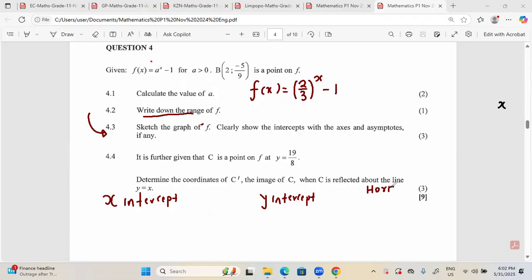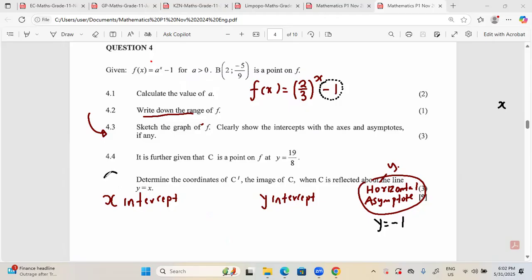Remember, the horizontal asymptote, I'm referring to the y asymptote. The y asymptote is easily identified, guys: it is this number at the end, this -1. The number at the end here is your horizontal asymptote, which is y equals -1.